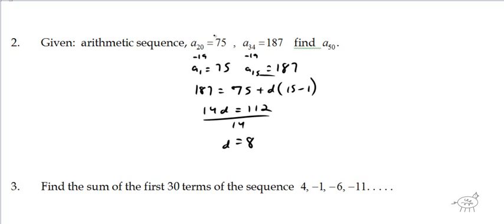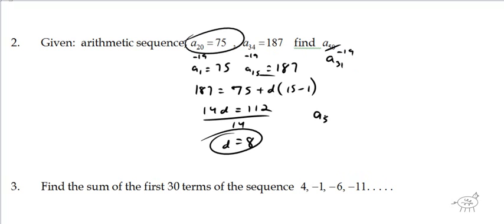Now I'm going to use d is equal to 8 and find a sub 50. I'm not doing a sub 50, I'm finding a sub 31, right? Because I subtract 19 from that as well.